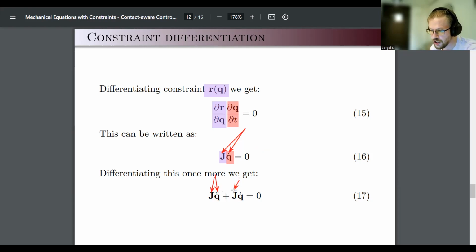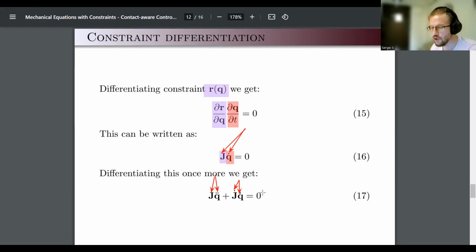And here we differentiate J, so it becomes J dot multiplied by q dot, not changed. So for a times b, the derivative is a dot times b plus b dot times a. This is what we have here. But remember, these are vectors, so you cannot switch places of parts of a product.